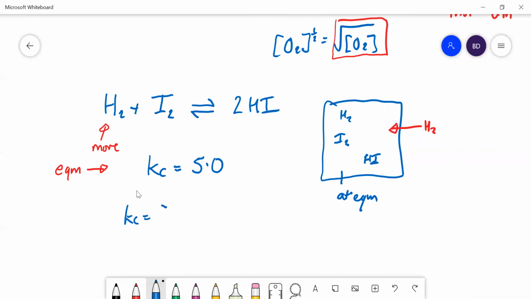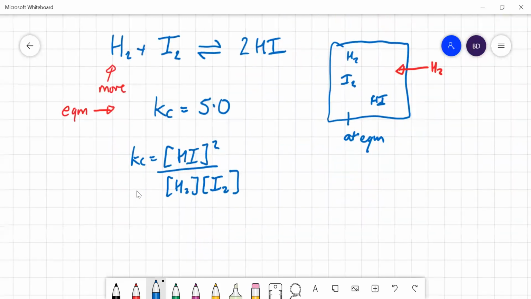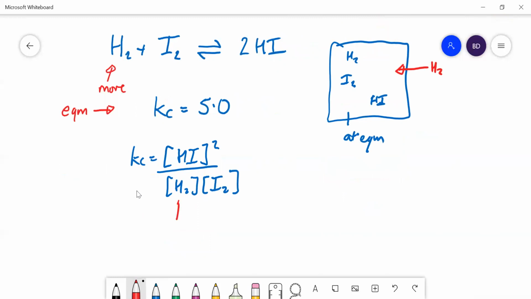Kc is equal to HI squared over H2 times I2. So we've got to keep Kc the same. If we add more H2, to keep Kc the same, obviously we've got to get more of this. So that means the equilibrium must move to the right.